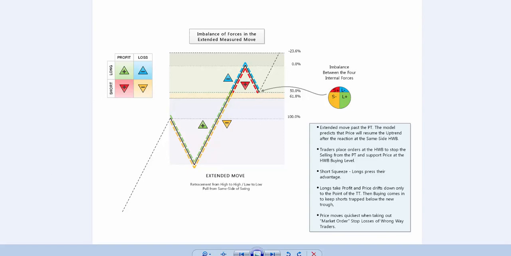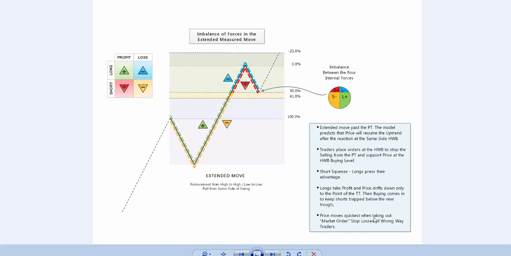A short squeeze, longs press their advantage. Longs take profit and price drifts down only to the point of TT, the trend test, and then buying comes in to keep shorts trapped below that new trough.